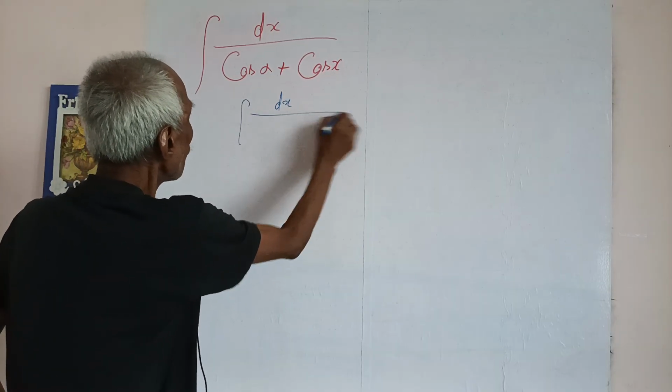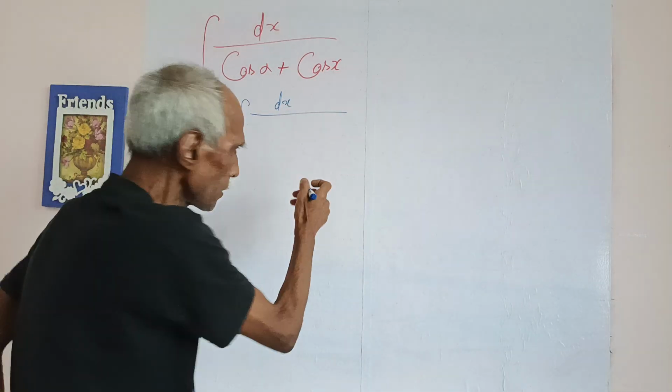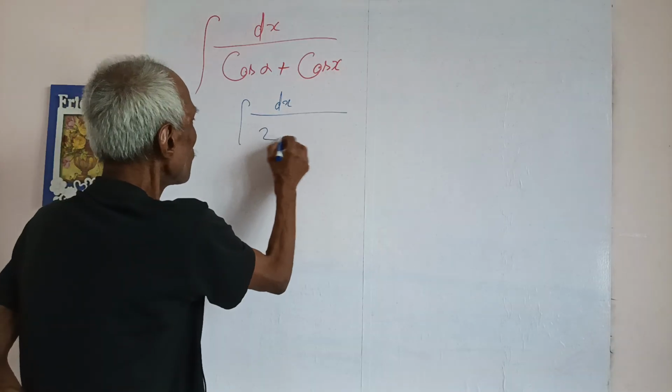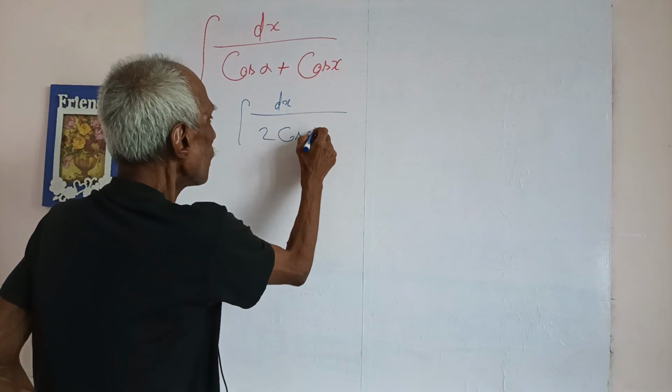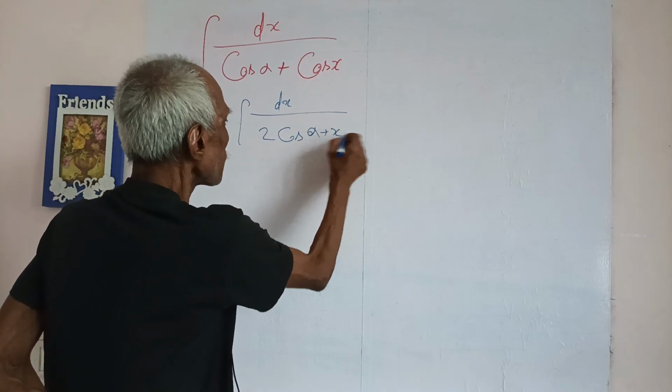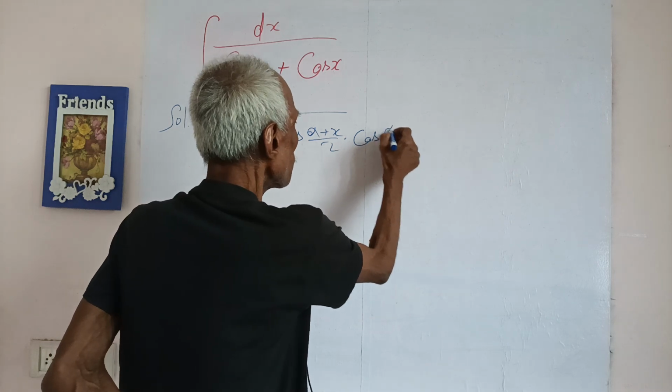dx by cos c plus cos d. It is in the form of cos c plus cos d, so change it as 2 cos (c plus d) by 2 into cos (c minus d) by 2.